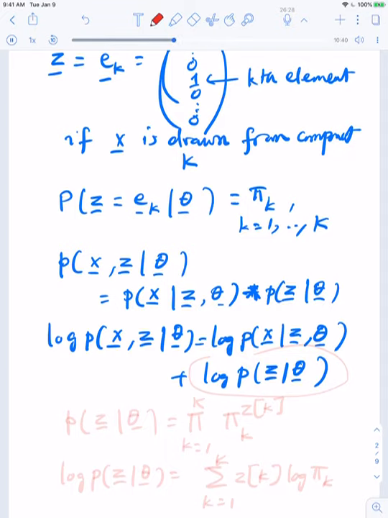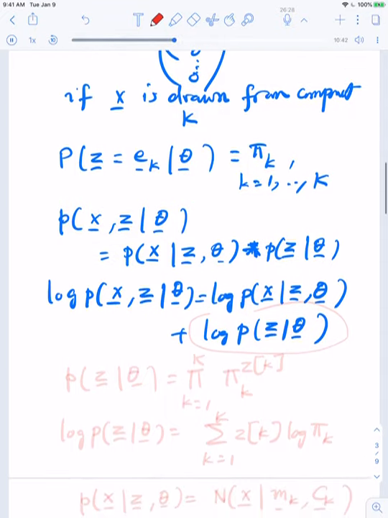And now let's see why this is particularly nice. I don't need it to be nice in everything. I just need it to be nice in the thing I'm going to average out, the z's, right? So let me look at the second term.